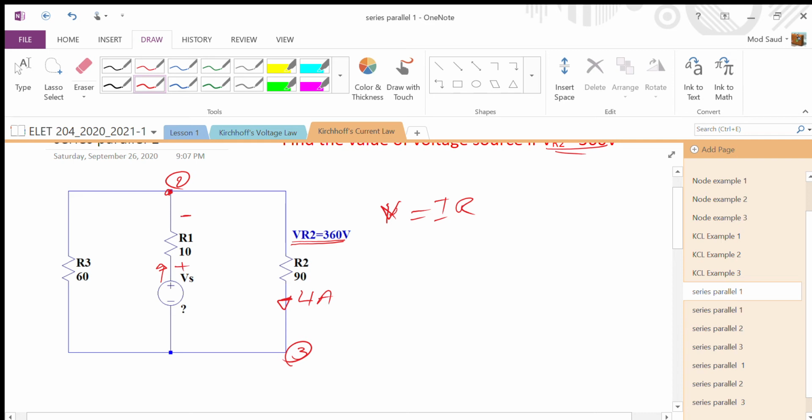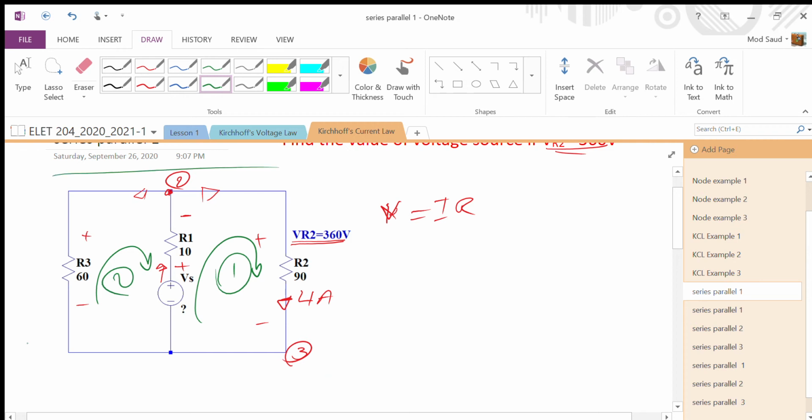The current will move in this direction and in that direction, and this is positive, negative, and this is positive, negative. We have one loop, this is another loop, and we have the outer loop. Loop number 3.